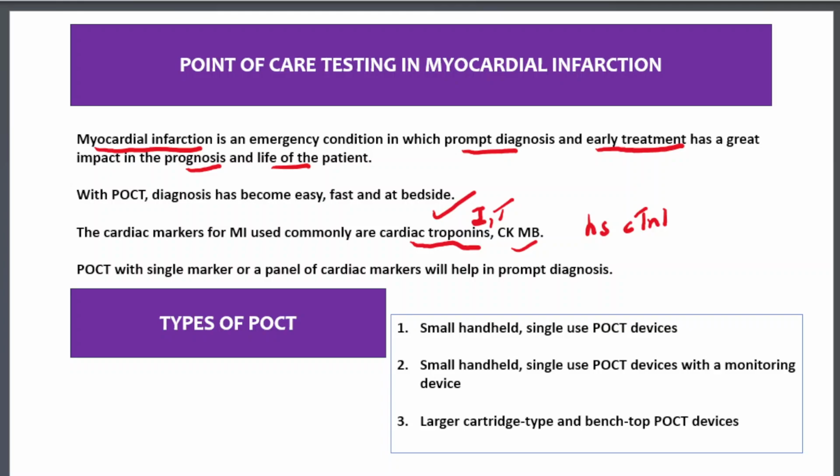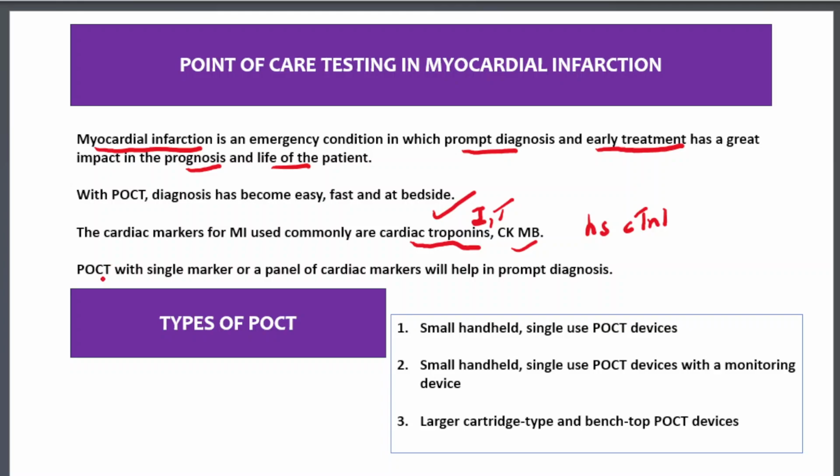So only after the concentration has increased, you will be able to estimate this by POCT or any other method. It will be only after a few hours, like 4 hours after the onset of symptoms, that you will be able to identify the cardiac markers.